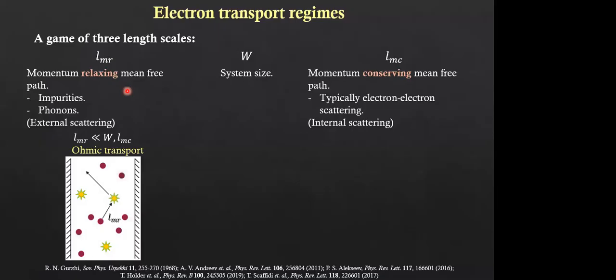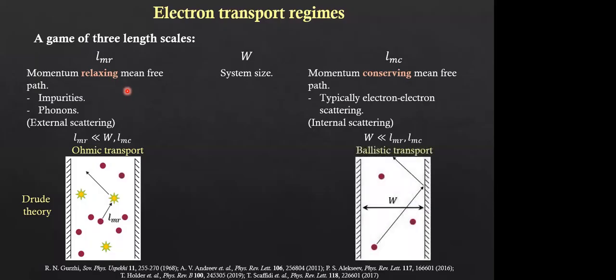Now, this kind of length scale problem can be dealt with in the picture of the Drude theory. And on the other hand, if the system size is very small compared to both the mean free paths, then we have ballistic transport.